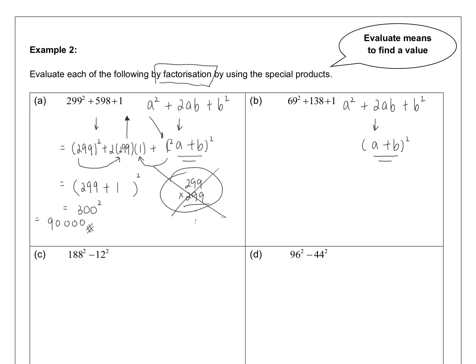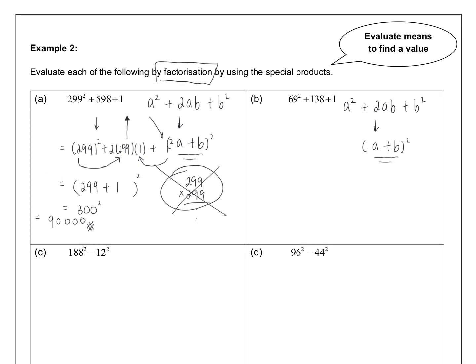Okay, this one. Let's try this. This is already a square. This is already b square. And then I put in my 2ab, and then I check. This one correct or not? 2 times 69 times 1. Is it 138?